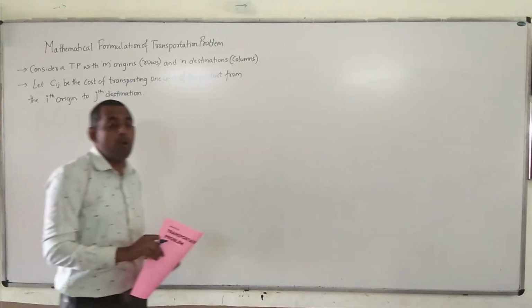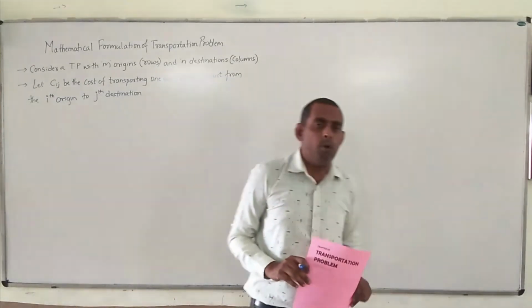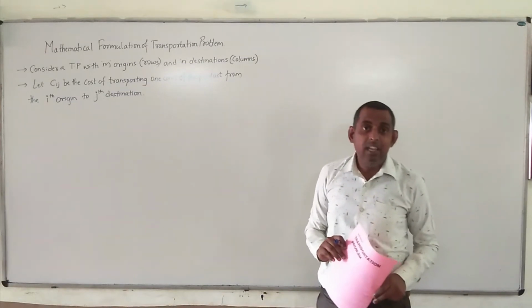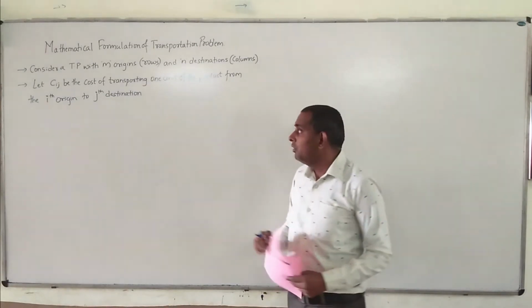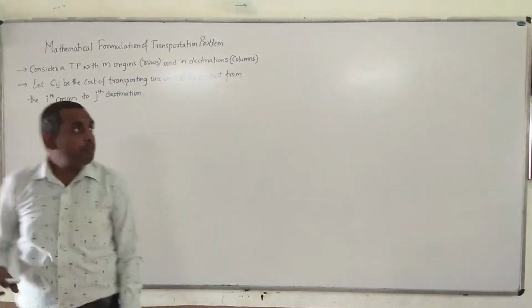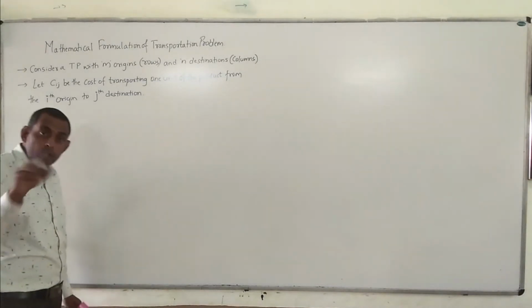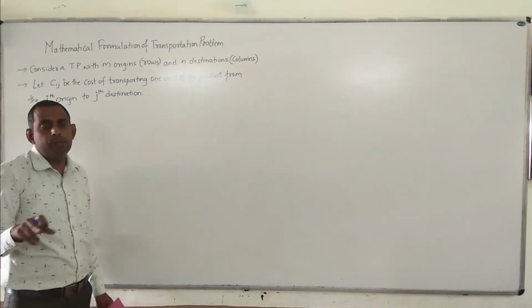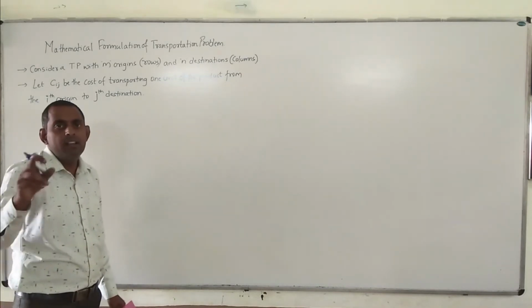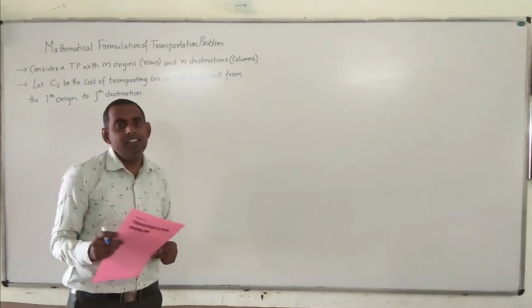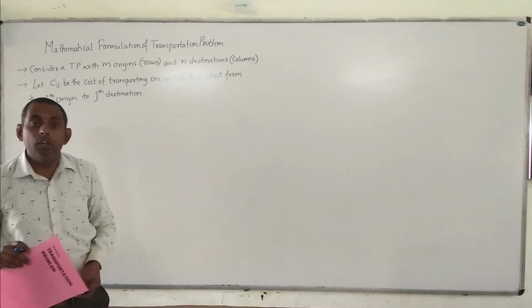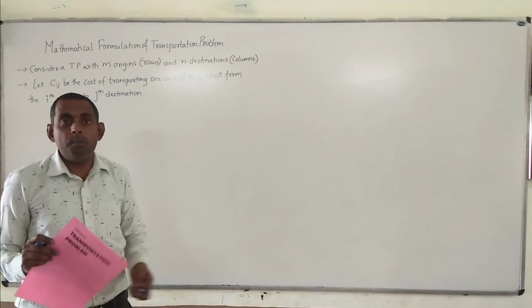As the objective of the transportation problem is to minimize the transportation cost while meeting the requirement of the destination. So Cij is the cost of transporting one unit of product from the ith origin to the jth destination. Here i and j are the elements of the matrix, as we are representing the transportation problem in the form of a matrix.